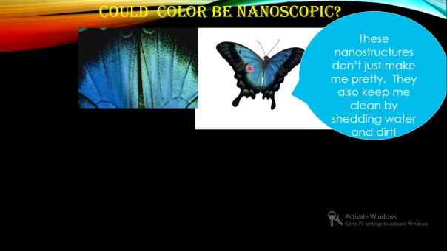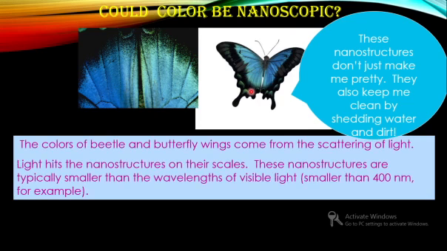Okay, so the colors in butterfly wings are not due to pigments, but due to the different structures of the butterfly. Can you imagine that? Yes, the colors of beetle and butterfly wings come from scattering of light or interference of light.